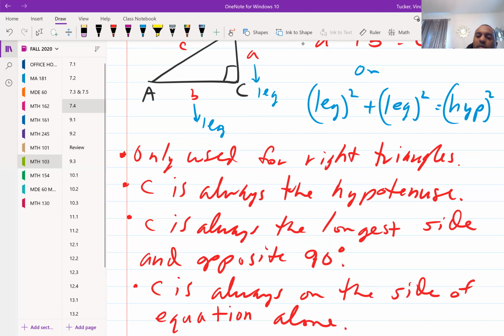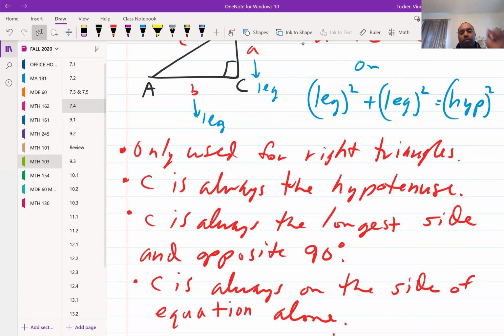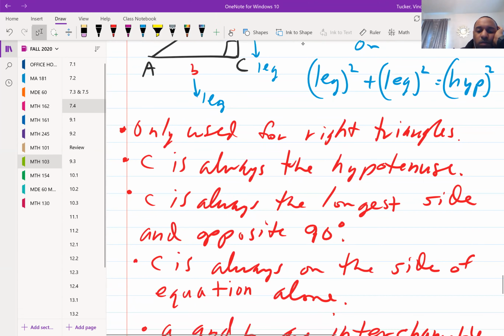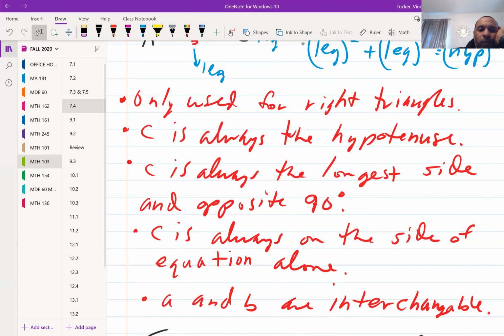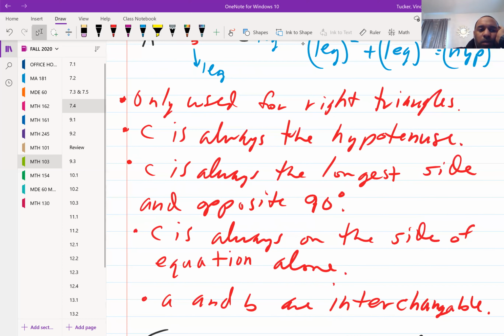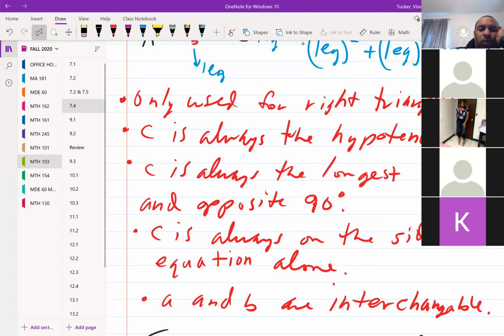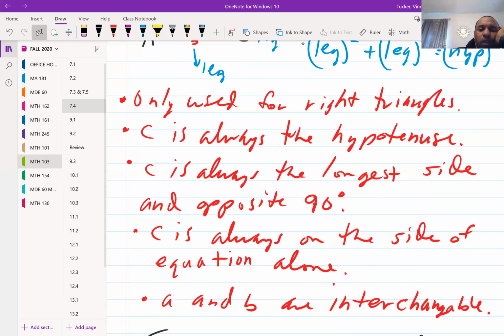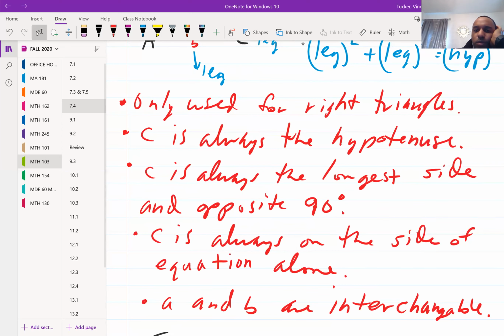All right, and I already mentioned A and B are interchangeable. Any questions on that before we use it? Questions at all?